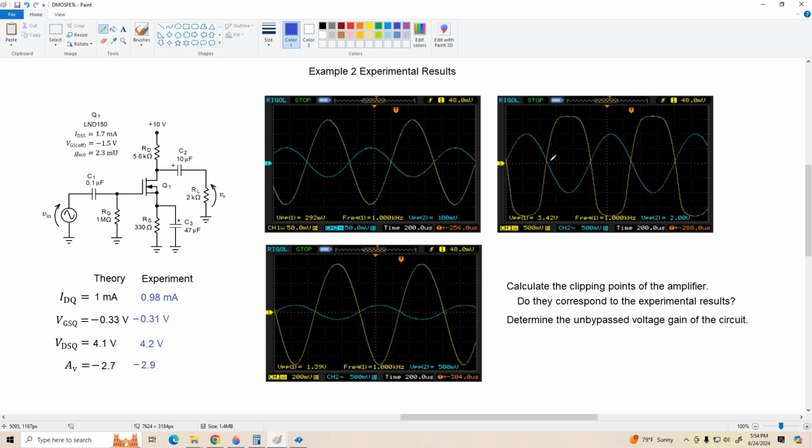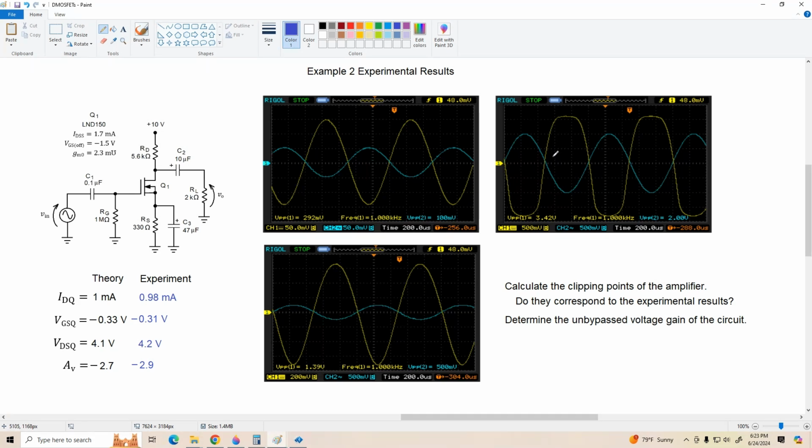So we've got a pretty well-centered Q point here, and this is not a bad amplifier. Now, before we move on to the next slide, I'd like you to calculate the clipping points for the amplifier and see how they compare to these experimental results. Also determine the voltage gain with the source bypass cap C3 removed from the circuit and see what you get for that as well.